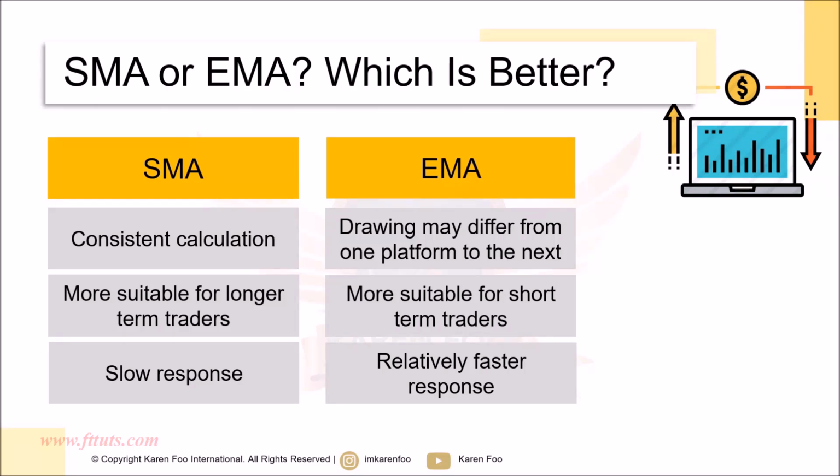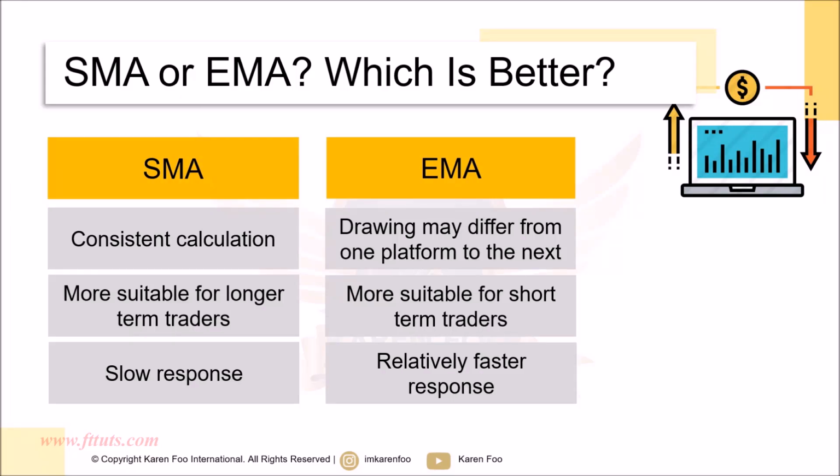And just bear in mind that with SMA, if you use smaller numbers, it's going to give you a faster response, because the higher the number, the slower the response. And also, smaller numbers tend to be suitable for short-term trading.